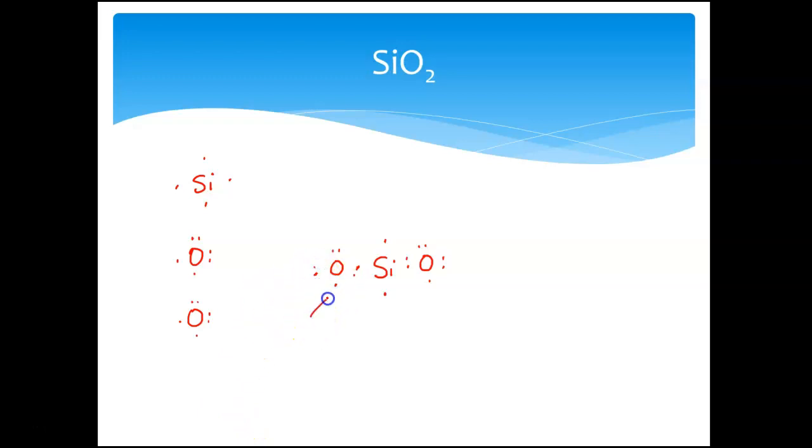All right, so here we're presented with a problem yet again. We have a bonding site right over here. We have a bonding site right over here. We have a bonding site right over here, and we have one right over here. However, remember, I only have one silicon and 2 oxygens. So I instantly need to start deciding, would it make sense for these to start sharing electrons? And I can certainly have this one move here and that one move there.